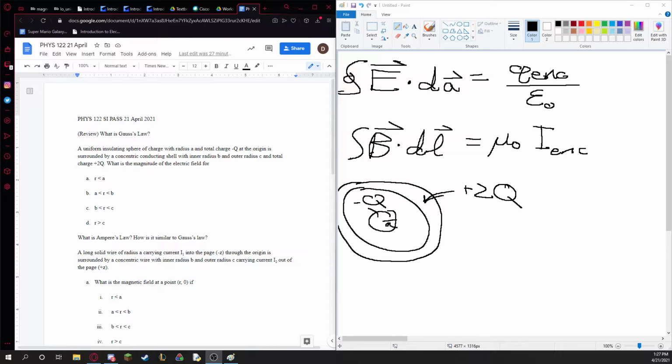So how would we actually go ahead and find our electric field at each of these four locations? Let's start outside of the entire, we'll start outside of the conducting shell.